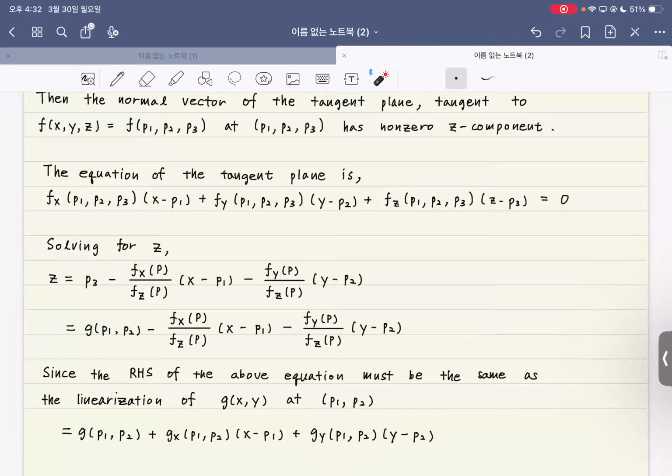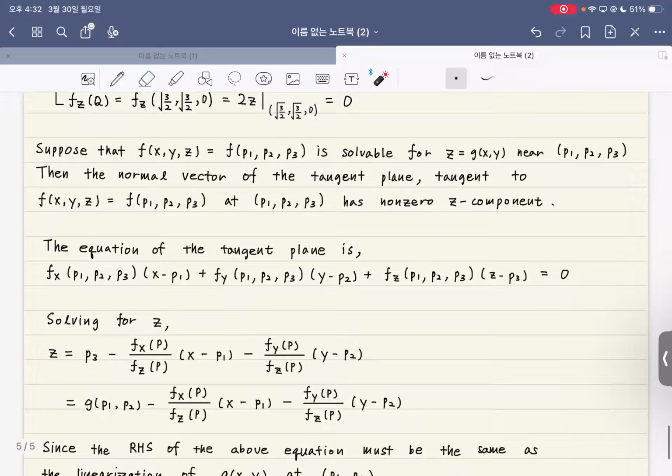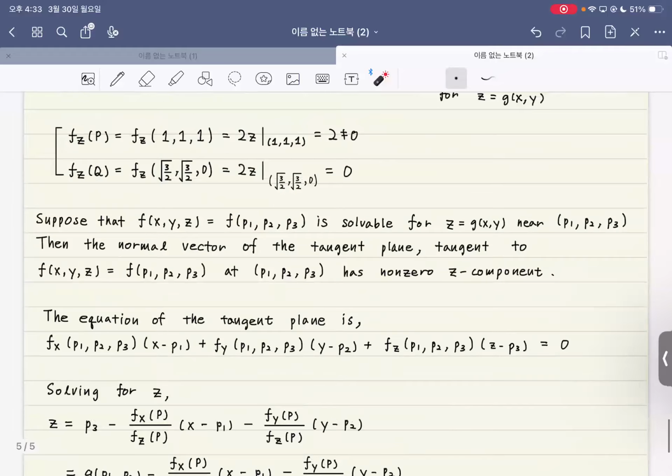So what does it mean? If my level set is solvable for the variable z, then I will get this two variable function. And it turns out I can actually compute the partial derivatives of this resulting, implicitly defined function.